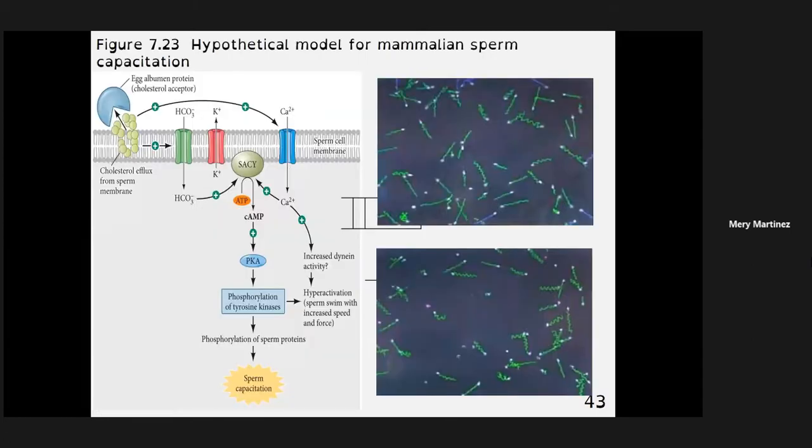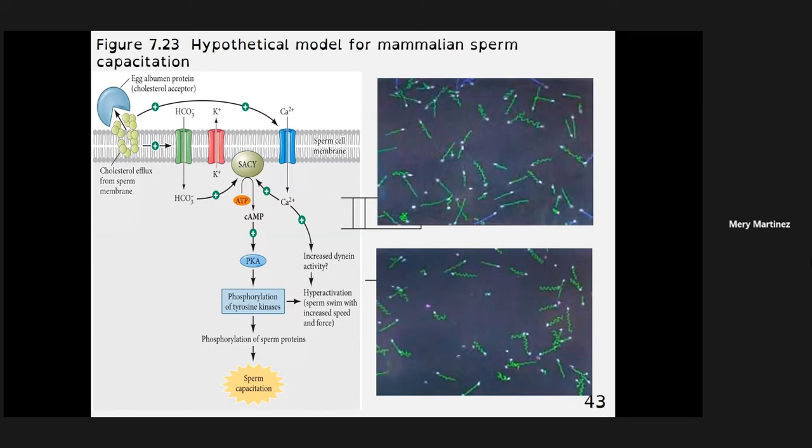Okay. So this figure shows the hypothetical model for mammalian sperm capacitation. And unfortunately, my link to see this video here doesn't work anymore. But just trust me when I say that the tail starts moving really fast. Okay. So capacitation is a functional maturation of the spermatozoa.